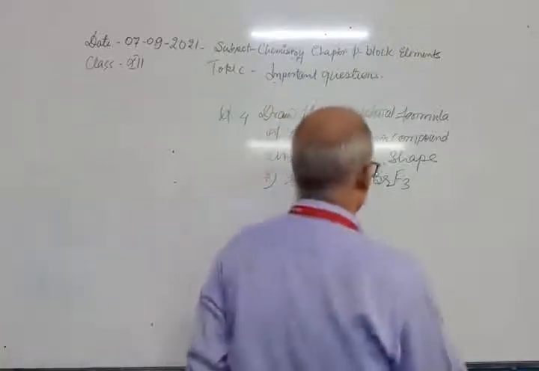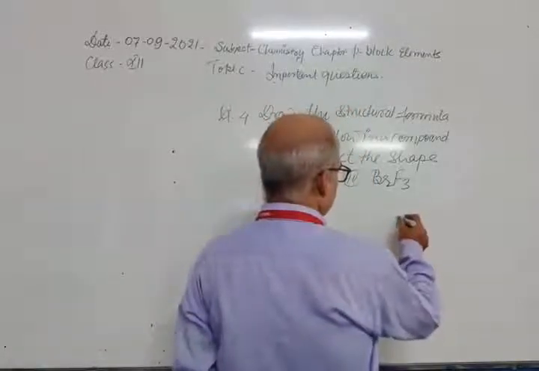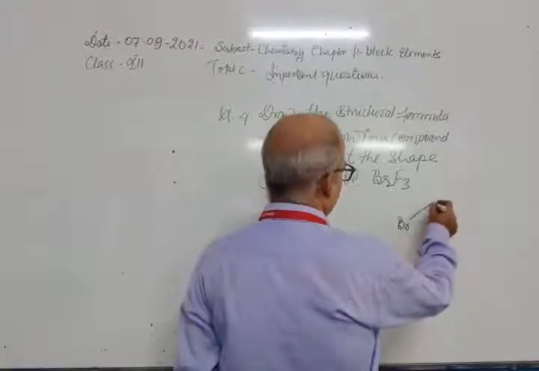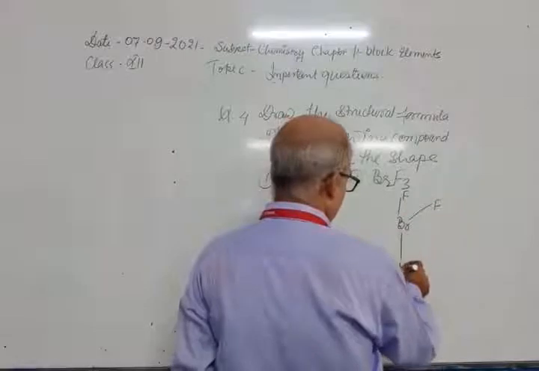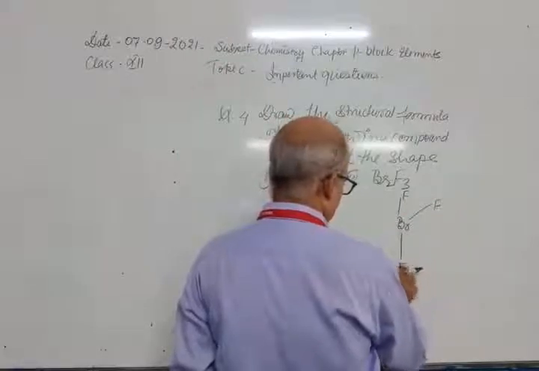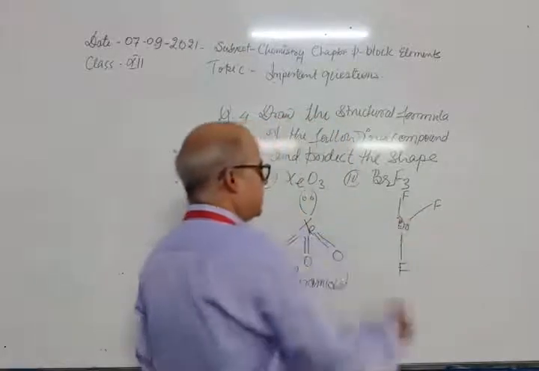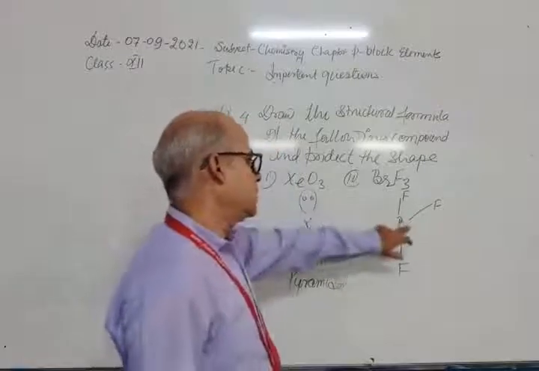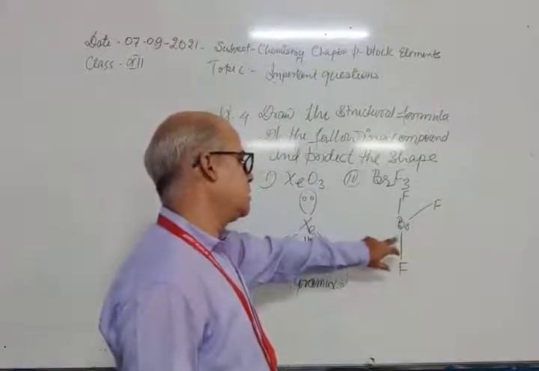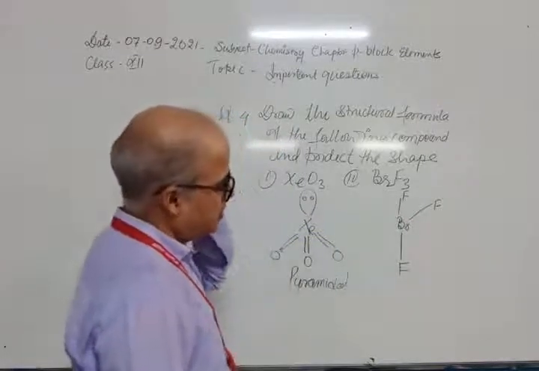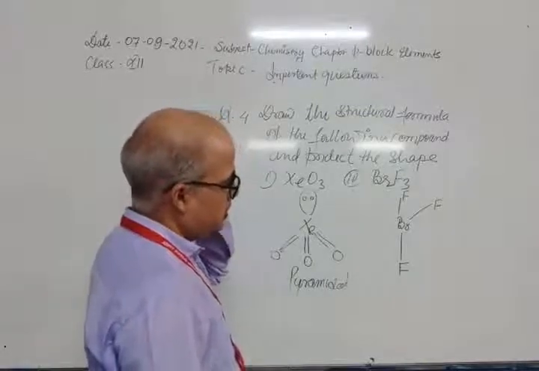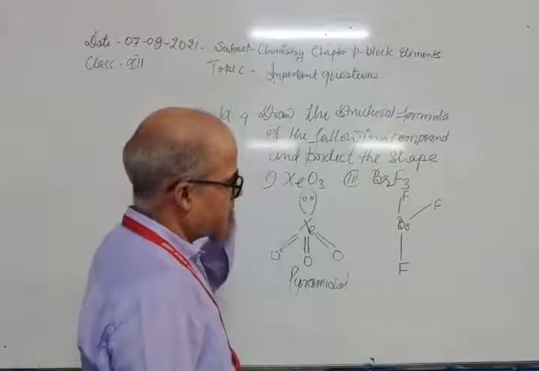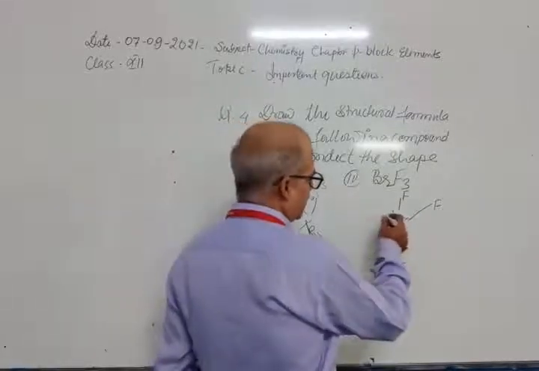Now see the structure of this one, BrF3. It has 7 electrons, one is shared, then one is here, one is here, means it has consumed 3 electrons from the 7, 4 are remaining.